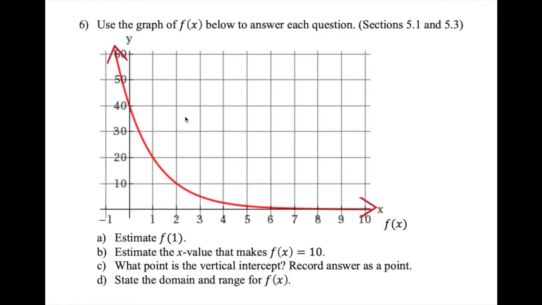Okay, number 6. Use the graph of f of x, which is this red curve, to answer the question down here. So part A, what is f of 1? So here x equal to 1, you want to know what is y value. So x equal to 1 is here.